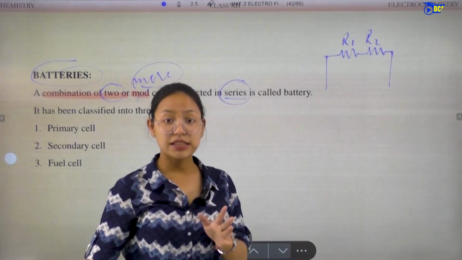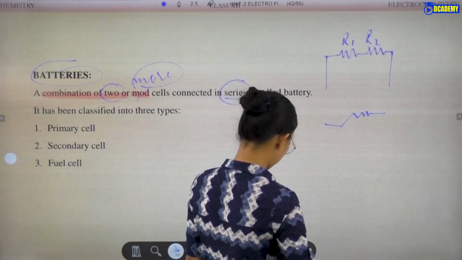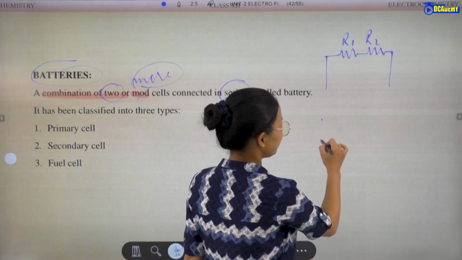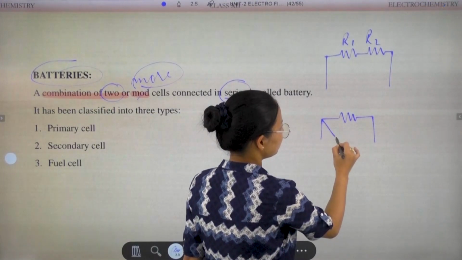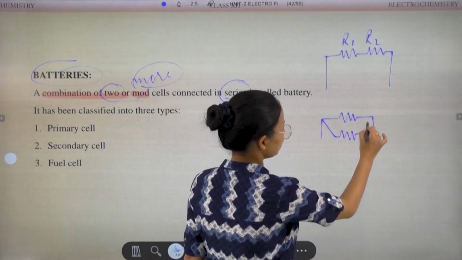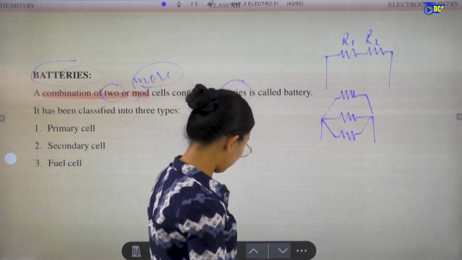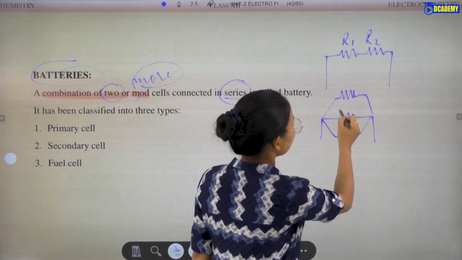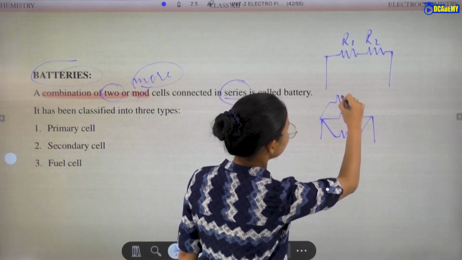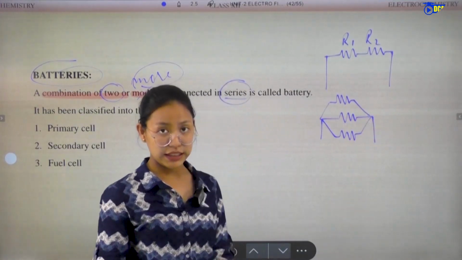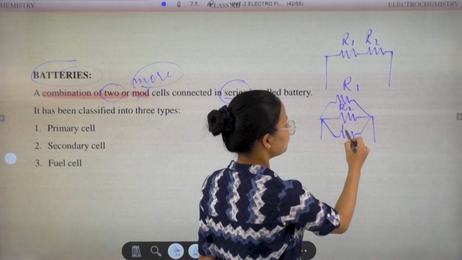But if the resistances are connected in parallel, it is R1, R2, R3.